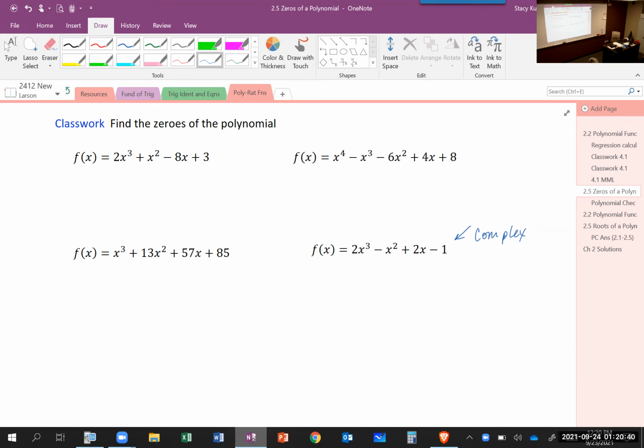Four is a perfect square, but it's not big enough. It's 4 times 8, right? I want to go bigger. So it's 16 times 2, so I can take the square root of 16, and 2 stays underneath.